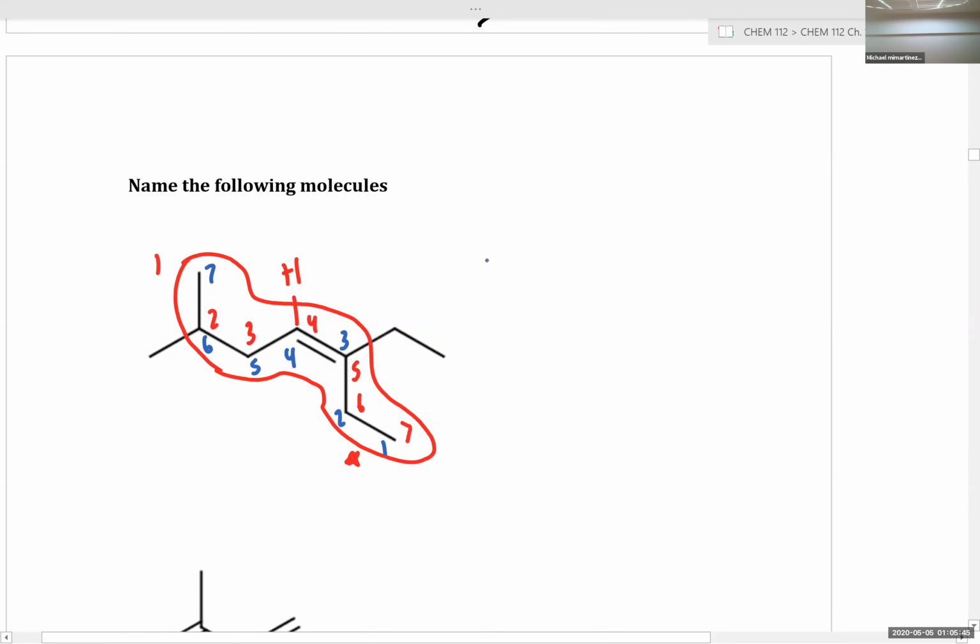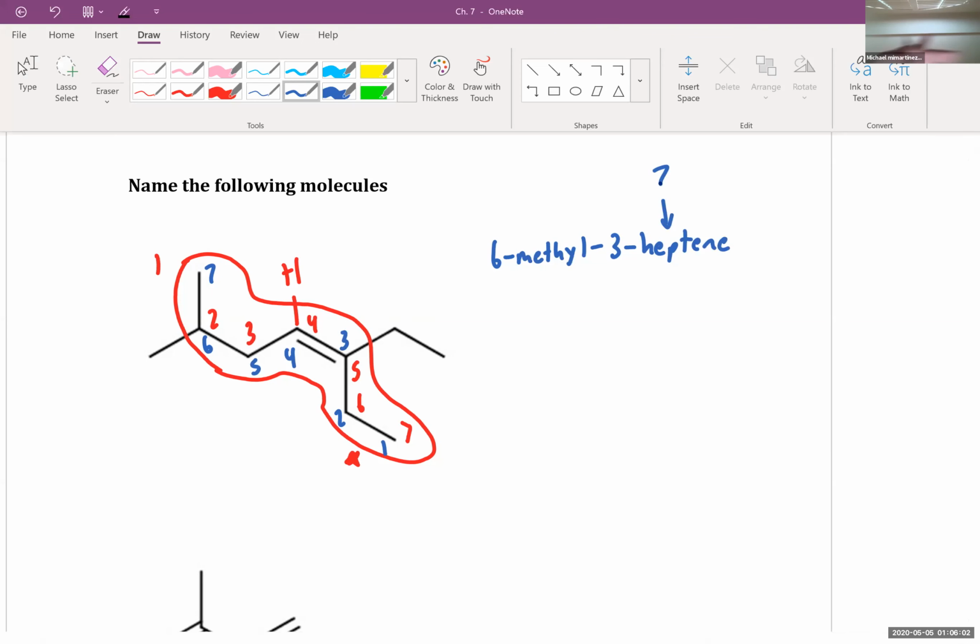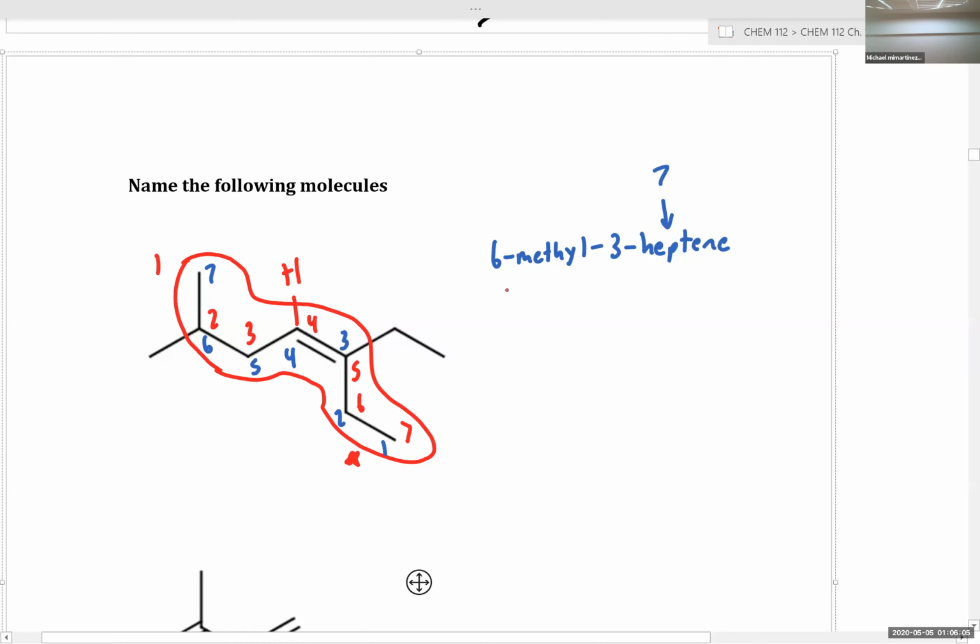Okay, now let's compare. So in blue, we have 6-methyl, 3-heptene, hept because we have 7. In red, we would have 2-methyl, 4-heptene. Oh, wait, we're missing the ethyl group.